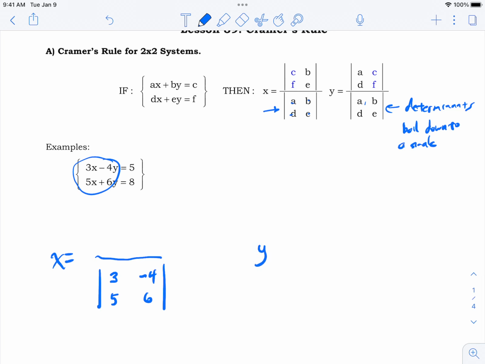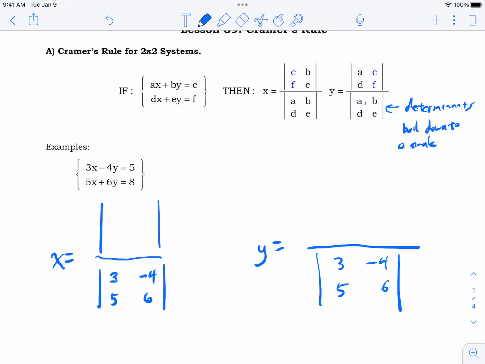As for the solution for y, you've got exactly the same thing in the denominator. A, B, D, E. It's the same, so you can just copy that over. Okay. Now, there's a certain pattern here that once you get the pattern, you'll never forget it. But in order to solve for x and in order to solve for y, you'll notice that we have more of these determinants to make.